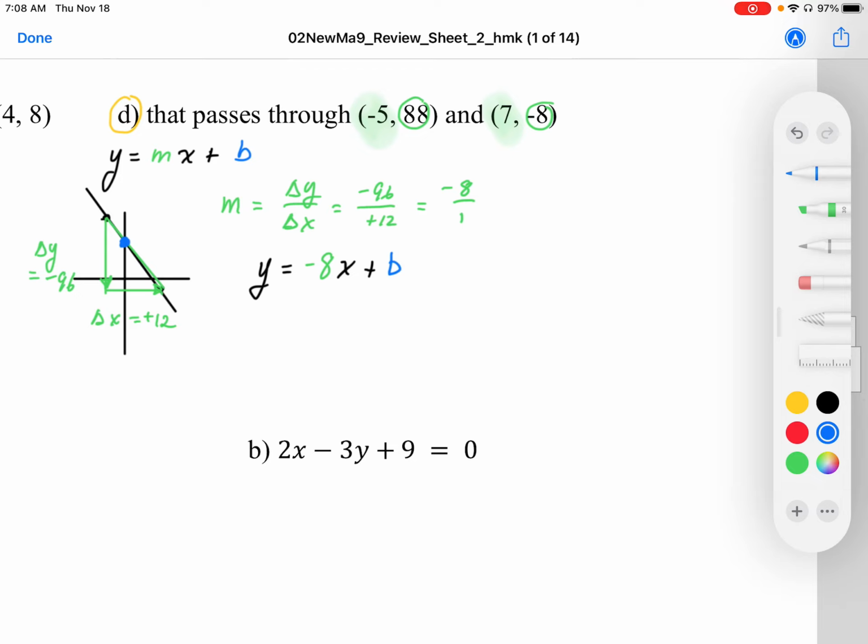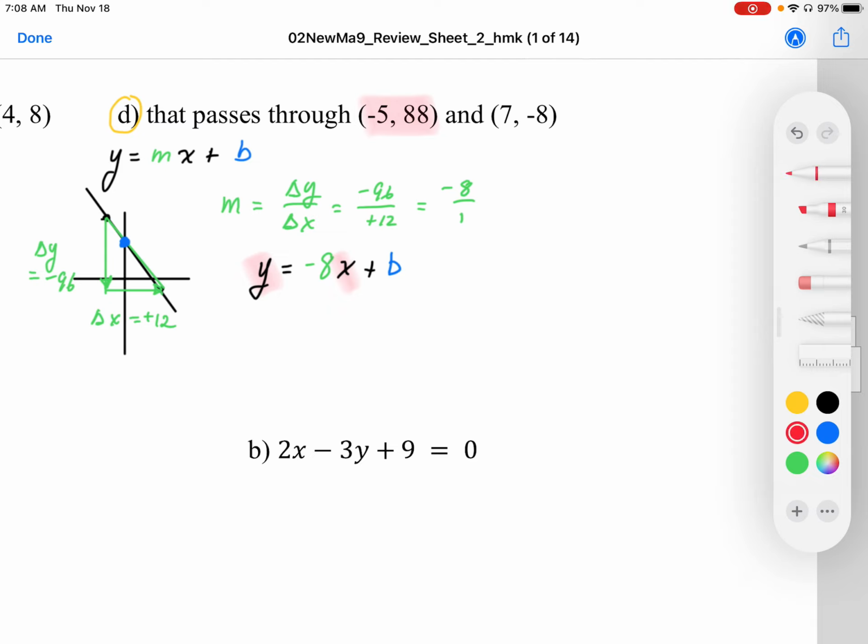I'm going to find b differently, and I'm going to use the property that every single x and y coordinate, these xy pairs, must be able to fit into the xy equation. They have to. Now, I could use that xy pair, or I can use this xy pair, it doesn't matter. They both must fit into the equation. So arbitrarily, I'm just going to pick the first one.